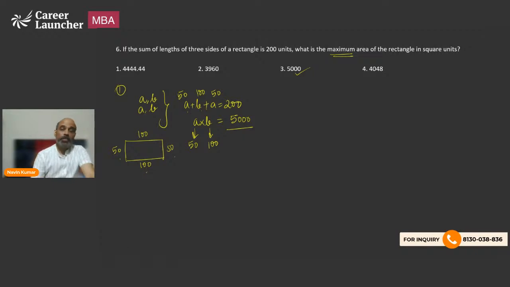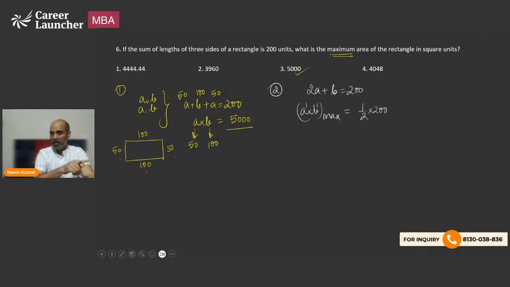Second approach, if you are not comfortable with brute force, so from here, can we say 2a plus b is equal to 200? We are asked to find out the maximum possible value of a into b. So same logic as the previous one. Can we say a will take half of the total value? Why half? Because power given to a is 1 out of total power 2. So 1 upon 2. Since the coefficient of a is 2, we should be writing 1 upon 2. So this is the value of a.